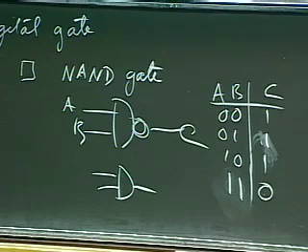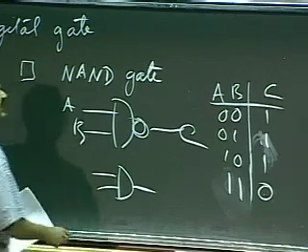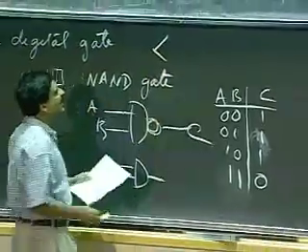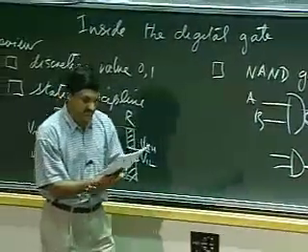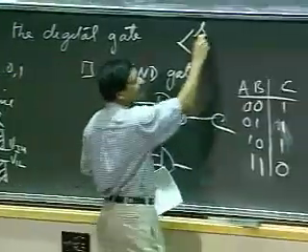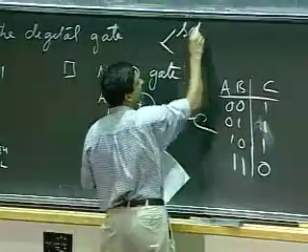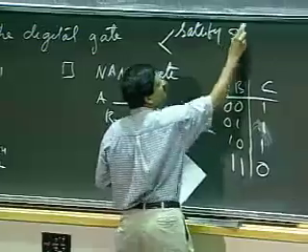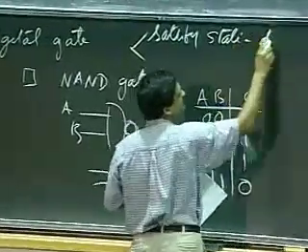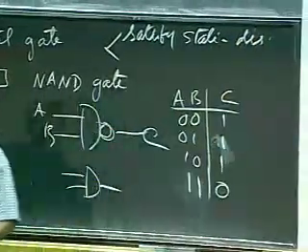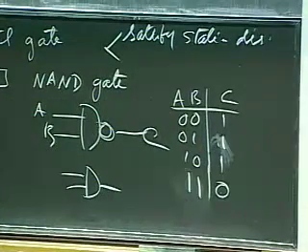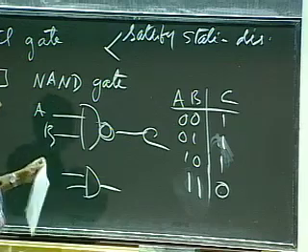Okay, so these elements are combinational gates, and combinational gates adhere to two properties. One is that they must satisfy the static discipline. Okay, all the elements in our repertoire in the digital domain need to satisfy the static discipline.